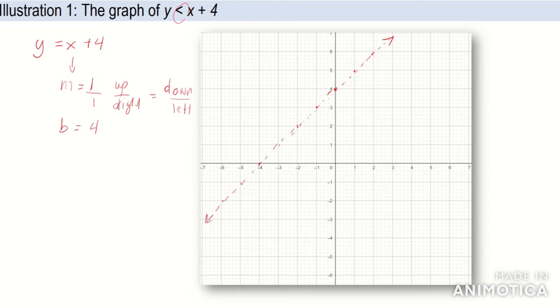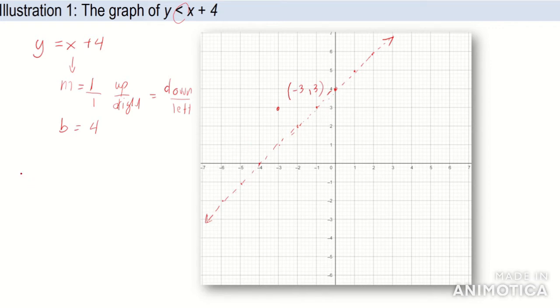Which part of the plane is the solution to the inequality y is less than x plus 4? Let us test a point on the upper part of the boundary line. Say we have here -3 and +3. Let's check if this will be our shaded region or not.